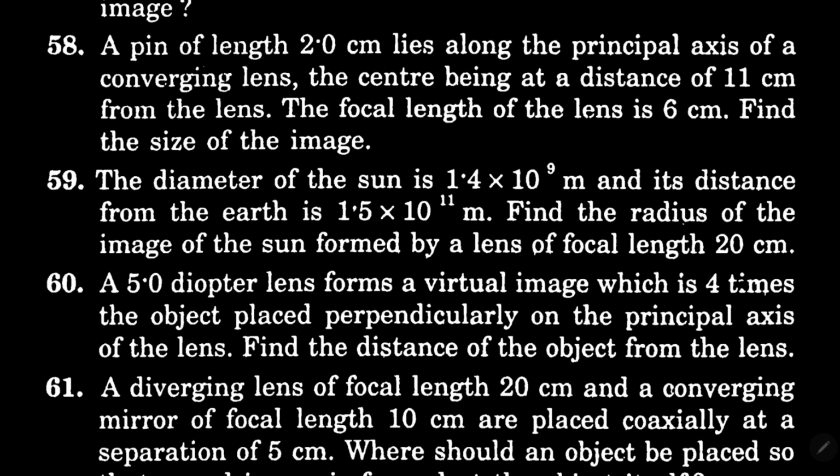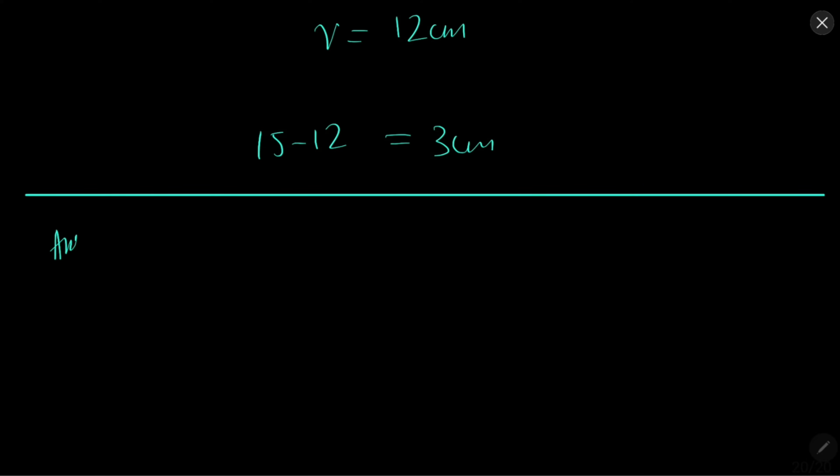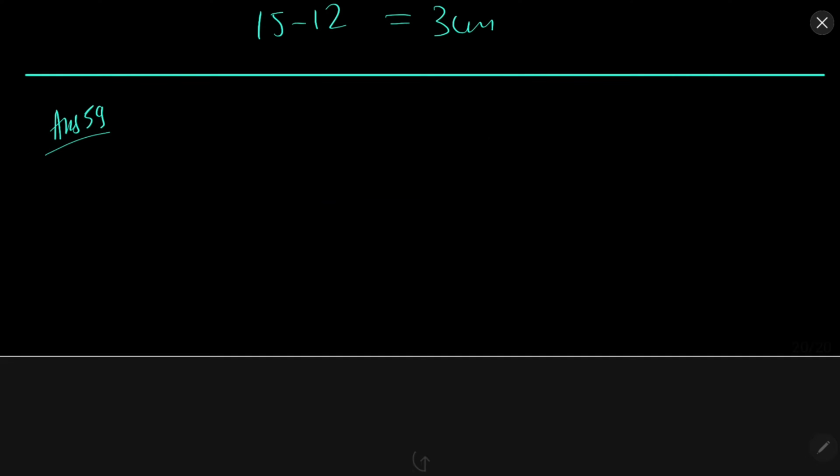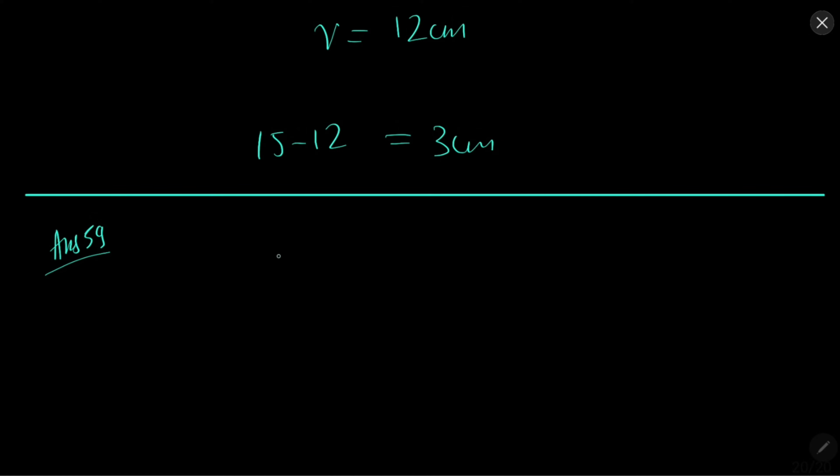In question 59, diameter of sun is given. Find the radius of image of the sun formed by a lens of focal length 20 centimeter. Solution 59. V is 20 into 10 to the power minus 2 meters.